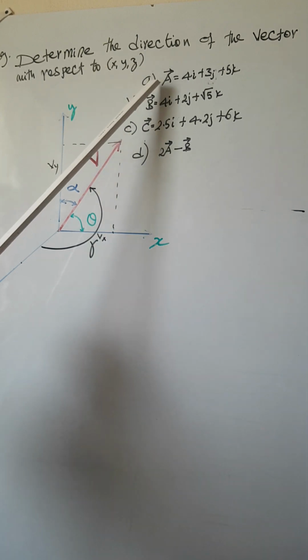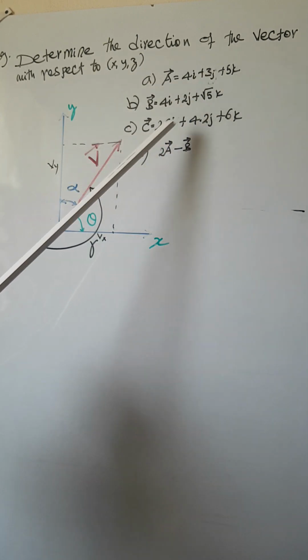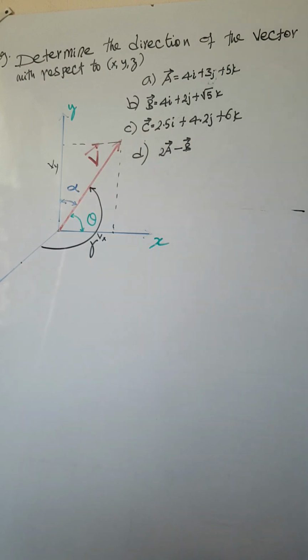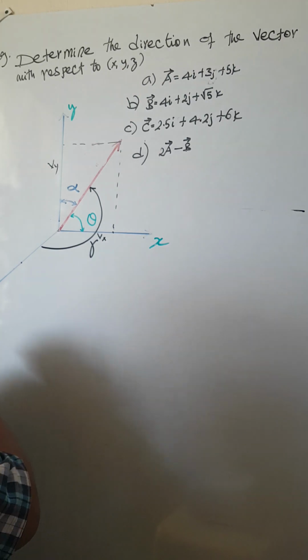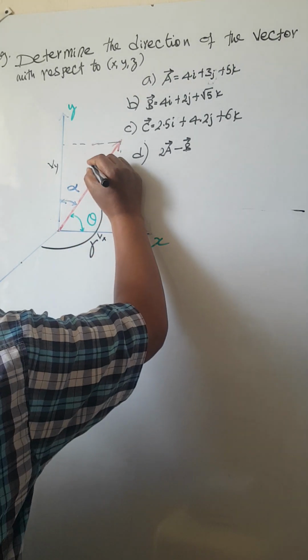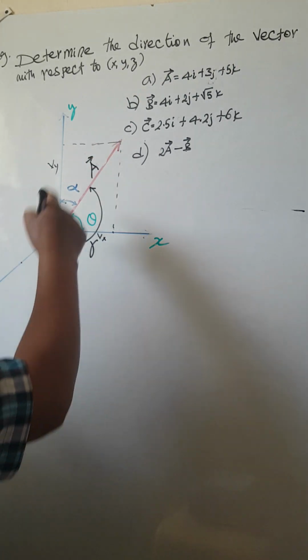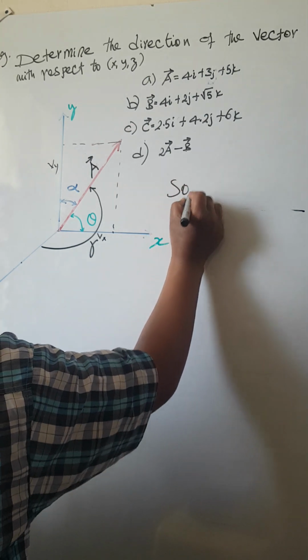Here we have the first vector, vector A, vector B, vector C, and vector D. So we are supposed to determine the direction of each vector with respect to the x, the y, and the z axis. Suppose this is vector A. Solution.